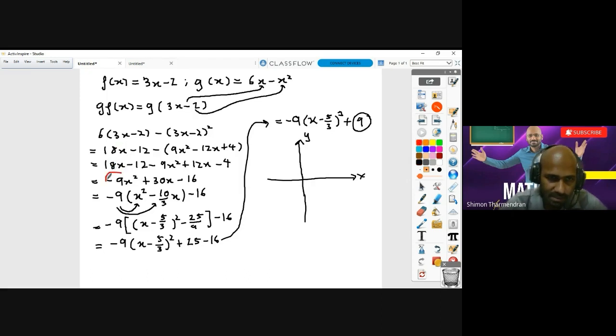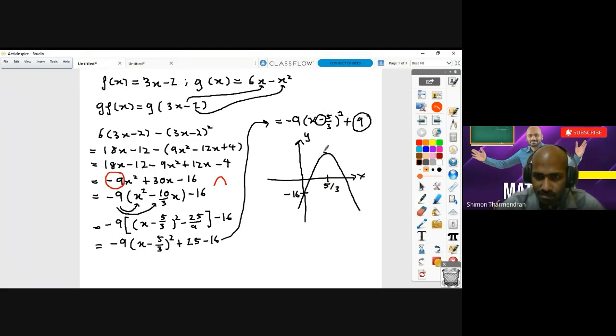Just by looking at the negative sign here, I know that the graph has a sad face. At x equals 0, y is minus 16. So this graph is going to go up and then come down like that. So we have minus 16 here. Inside the bracket, this sign we always have to flip. This is a negative, so it becomes a positive 5 over 3.